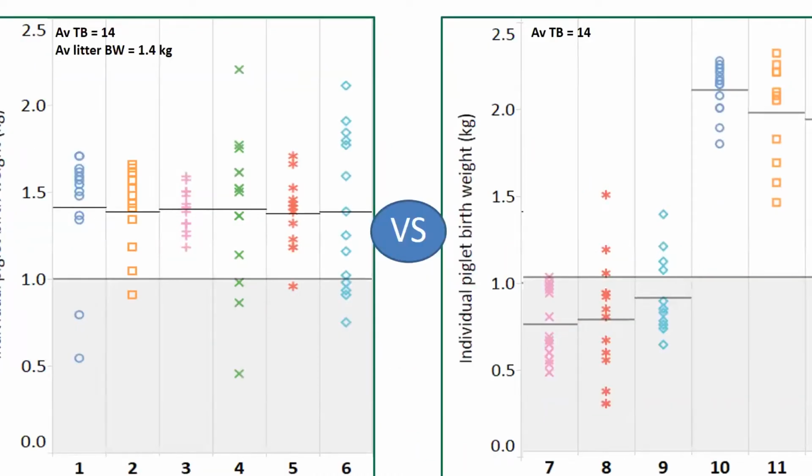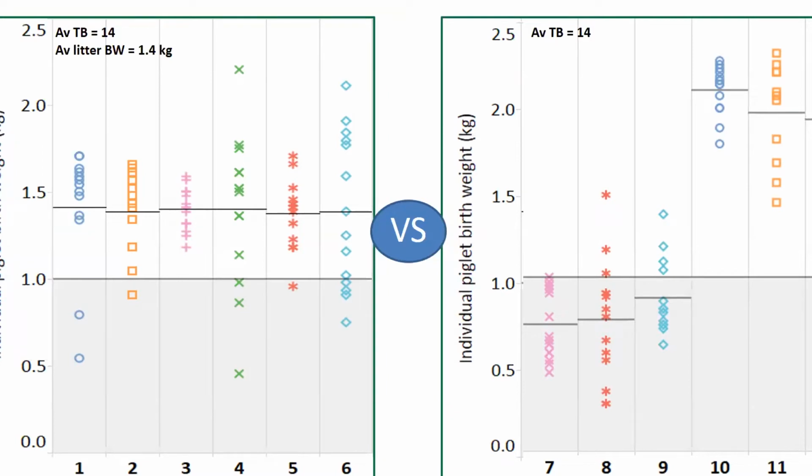So this is in comparison to the sow birth weight phenotype, as shown here. On the right-hand side of this graph, we have 6 more sows. Each point within the sow represents the weight of an individual pig within the litter. These litters have an average total born of 14, so similar to the table I initially described.